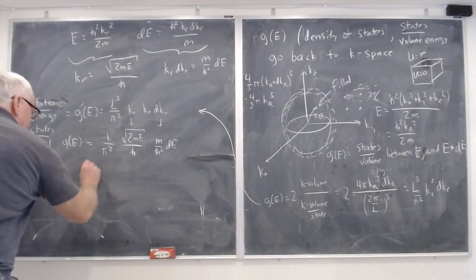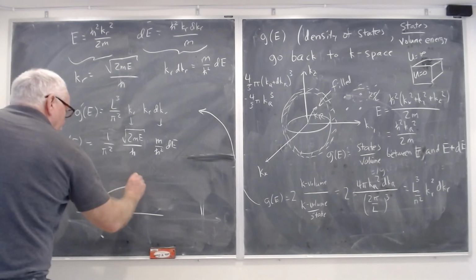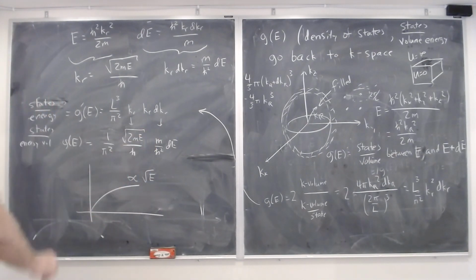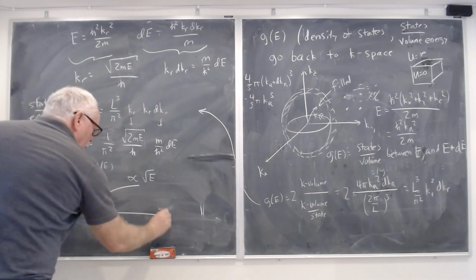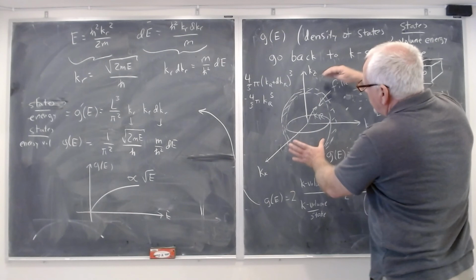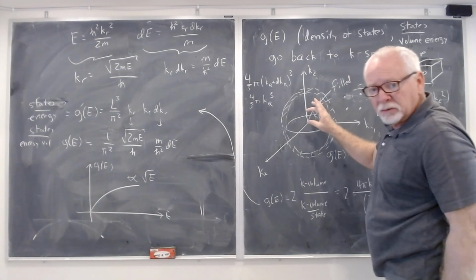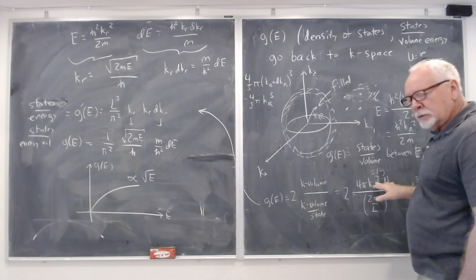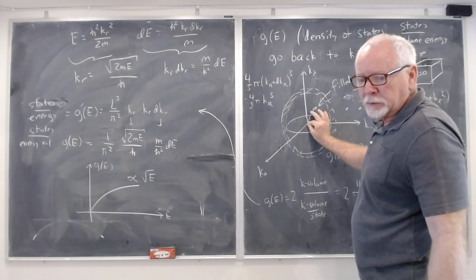It means that the density of states goes up as the square root of E. You can see that because as my sphere gets smaller, as E goes down, this shell is getting smaller. And so the K volume is getting smaller. And so eventually, when I go down to 0, G of E is 0. There's no states.